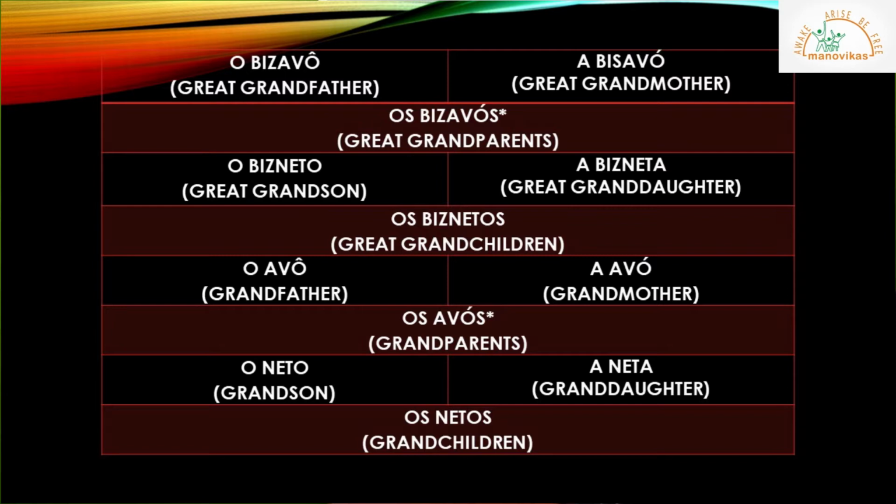Bisavô is great grandfather, bisavó is great grandmother, but when you're talking about great grandparents, it always goes to the feminine plural for avô and avó. Otherwise the rule is generally it goes to the masculine plural. For example, if you're talking about parents, or siblings, it always goes to the masculine word in the plural form. You will see as we proceed in the lesson.